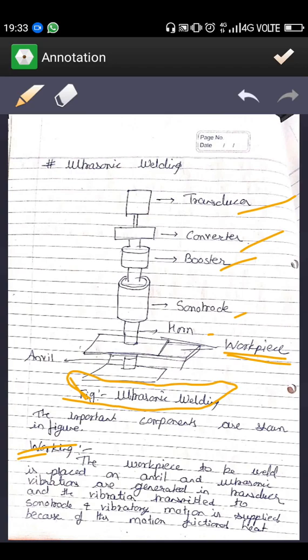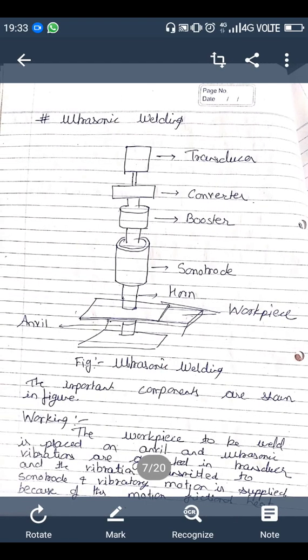The vibrations are transmitted to the sonotrode, and vibratory motion is supplied. Because of this motion, frictional heat is generated on the contact surface between the workpieces and the weld is completed. Here I already listed some advantages and disadvantages. Before this, we are discussing the components of ultrasonic welding.